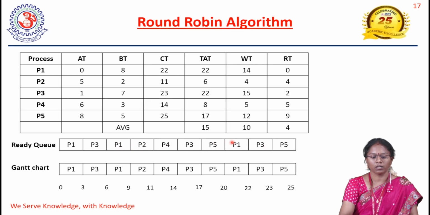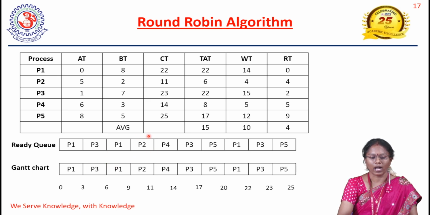Based upon the ready queue, all the processes are given a chance for 3 seconds until each one is completed. This is round robin: each process is given a chance according to the ready queue.